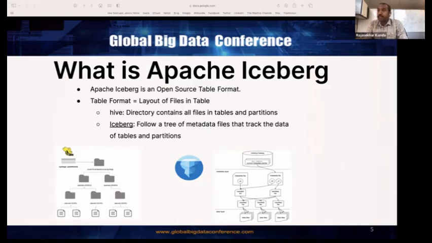Right? Let's talk more by comparing with Hive. Hive is a distributed open source data warehouse, which was built for Hadoop over HDFS. It organizes the files as directories, as you can see on the left-hand side: a DB name, table name, and partitions. Within a partition, all the files contribute to that physical partition.